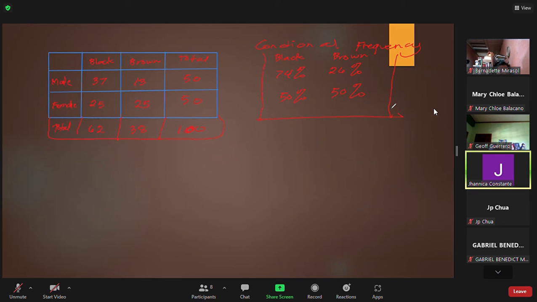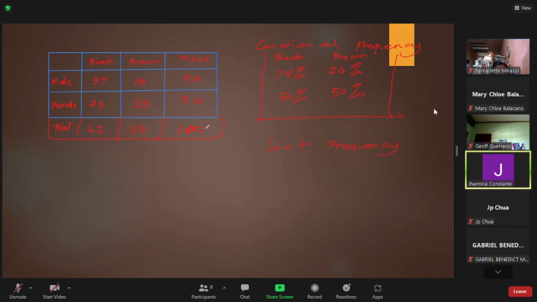So that is for our conditional frequency based on the occurrences for the responses of the color of the eye for male and female, which is color black and color brown. If we're going to have the joint frequency, what we're going to divide by is the grand total.